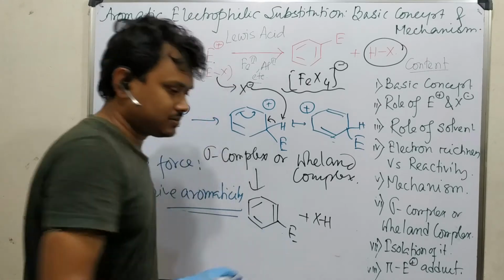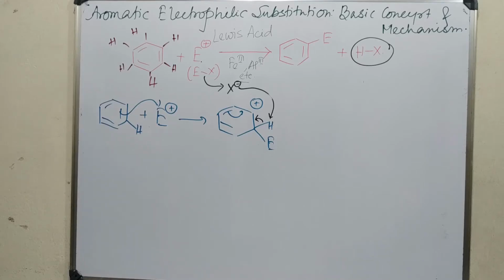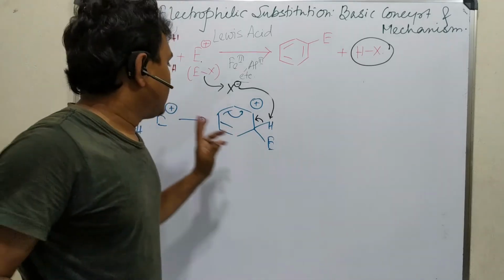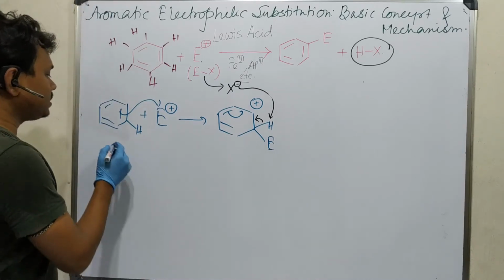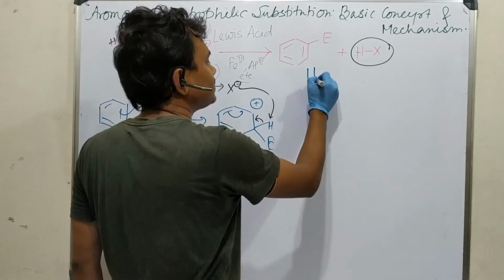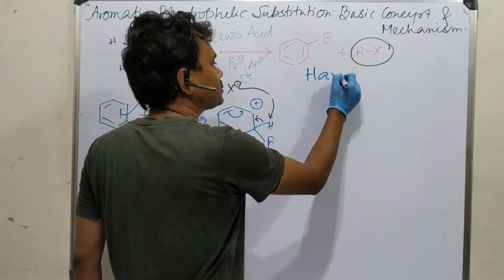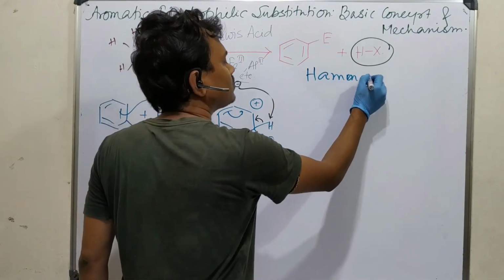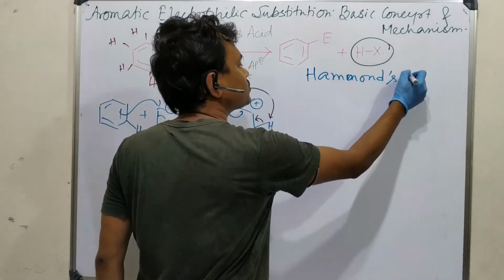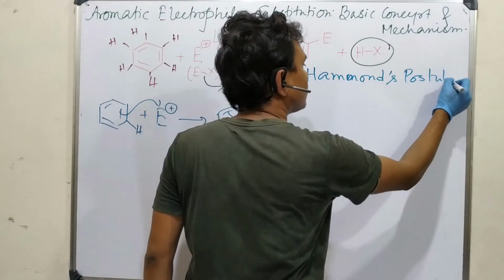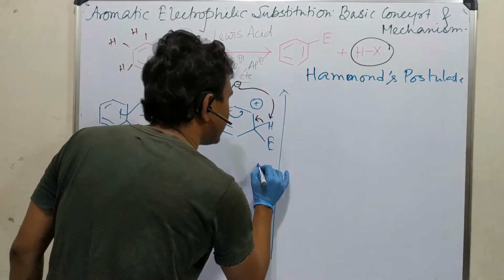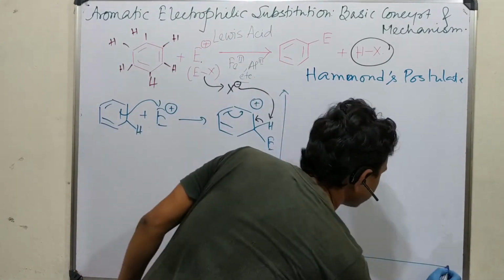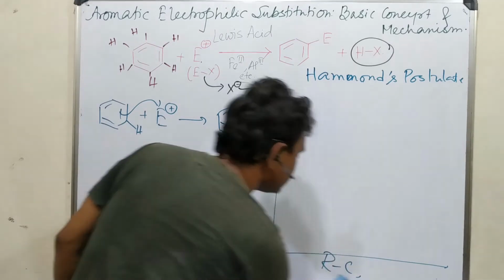So this is okay, let's continue the discussion about the mechanism. This mechanistic picture could be represented by Hammond's postulate. How? So let's draw a reaction coordinate. This is the energy and this is the reaction coordinate, RC.